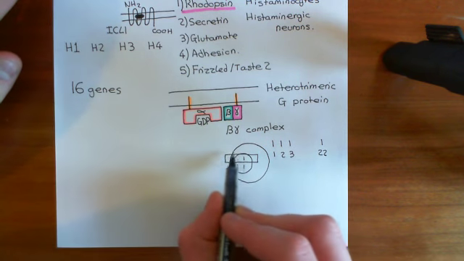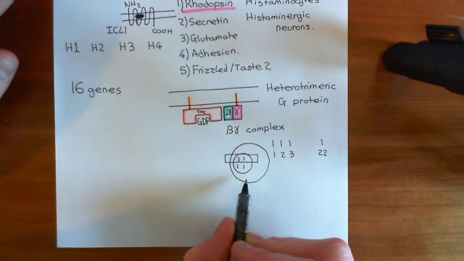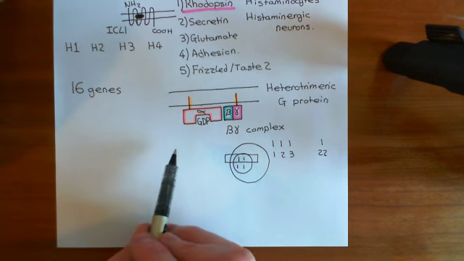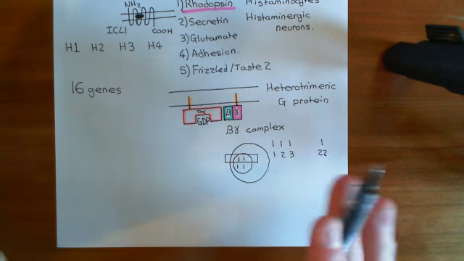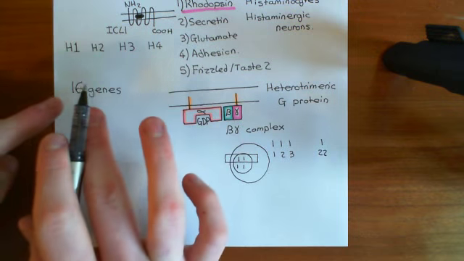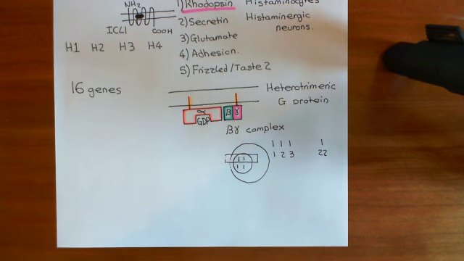Okay, so in your full set of chromosomes, you'll obviously have 32 genes, because on all of the homologous chromosomes you'll have another copy, but I'm not counting that, basically. So when I say you've got 16 genes, I mean if you look through one copy of each of your homologous chromosomes, you will find 16 different genes which all code for proteins which can function as the alpha subunit of a heterotrimeric G protein, but all have slightly different effector functions.